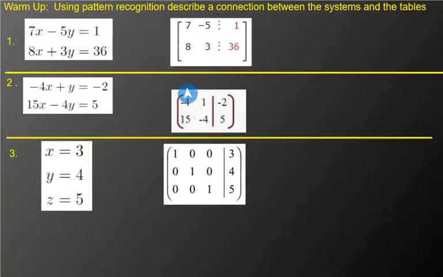You can see the negative 4 and 15, the 1 and negative 4, and then negative 2 and 5. If these were just your three equations, then it would actually look like this. You would put little zeros in there as placeholders, because you don't just want 1, 1, 1, and then 3, 4, 5. You need to say 1x plus nothing else in y and nothing else in z is 3. Nothing in x plus 1y plus nothing in z is 4, and so on.